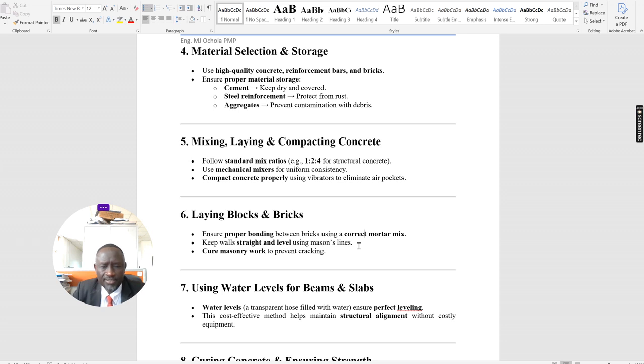Curing masonry work to prevent cracking. I think in most cases people cure blocks only when they've just been manufactured. Once they deliver them on site, in many cases, there is a reluctance there.